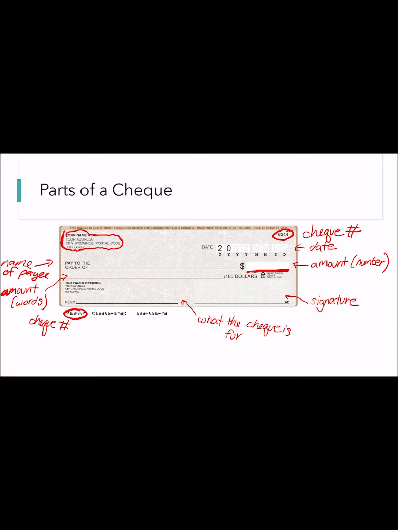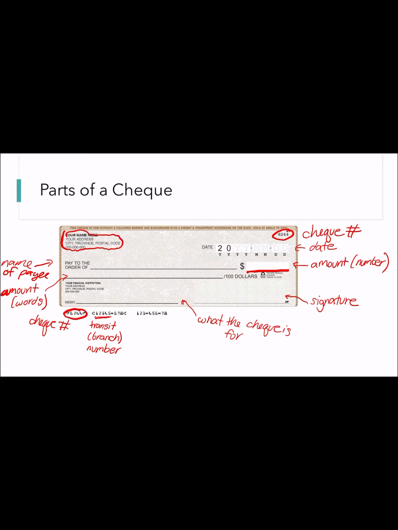The other numbers, so this right here, is called your transit number or your branch number. So this depends on where you open your account. So for example, I opened my account in small town Nova Scotia.